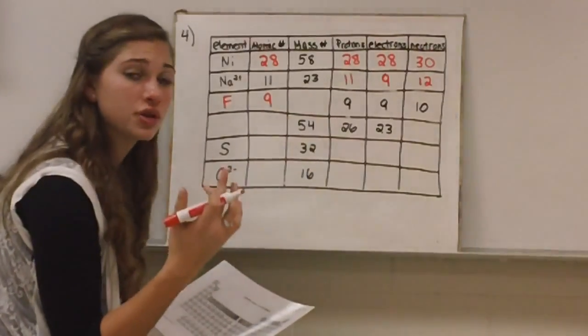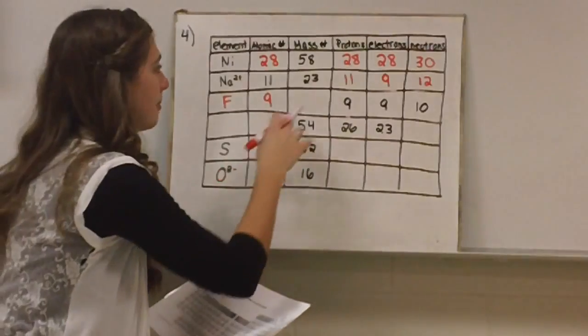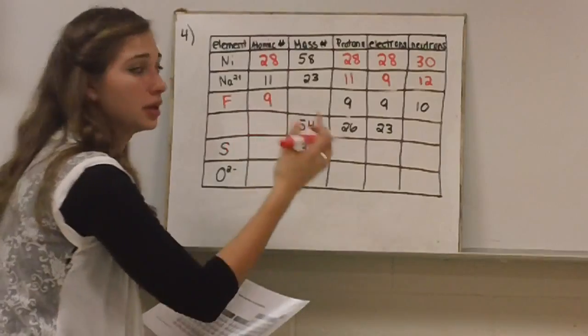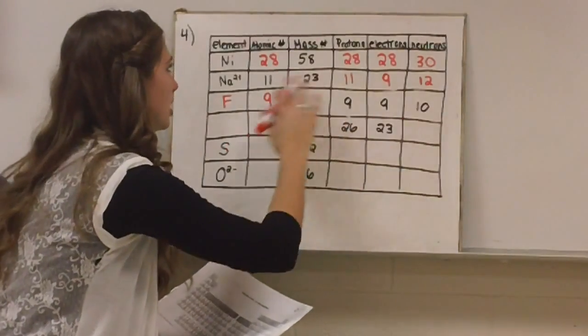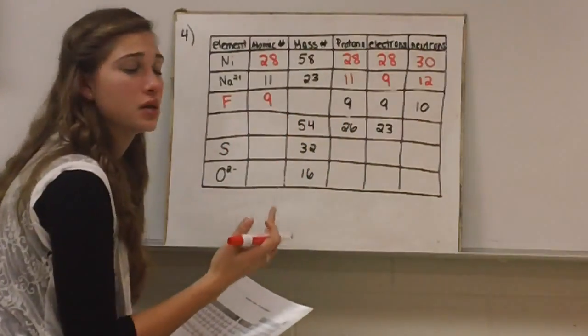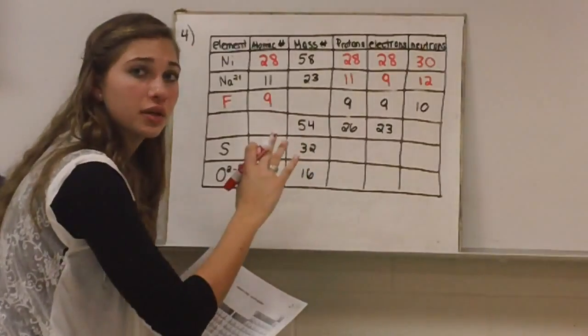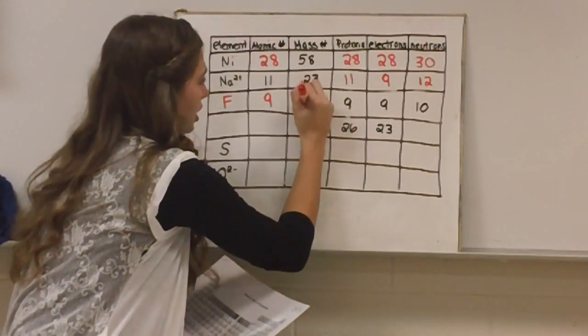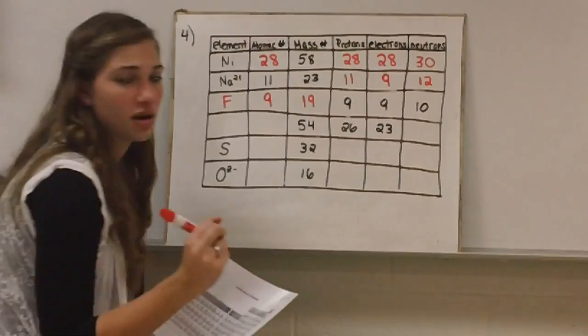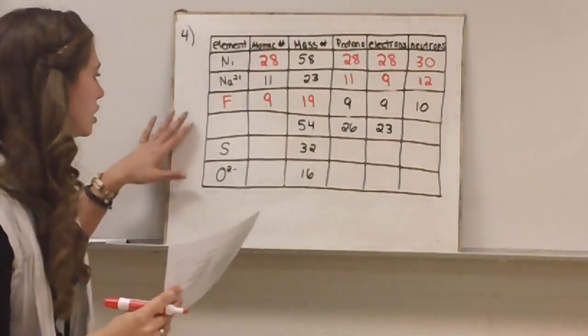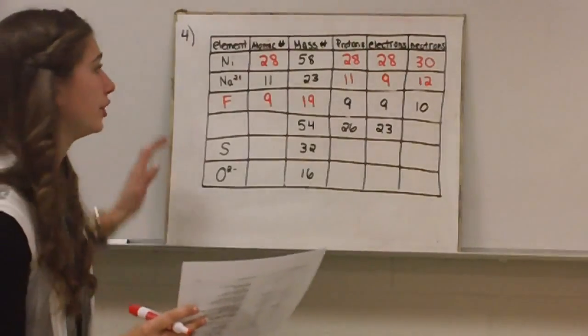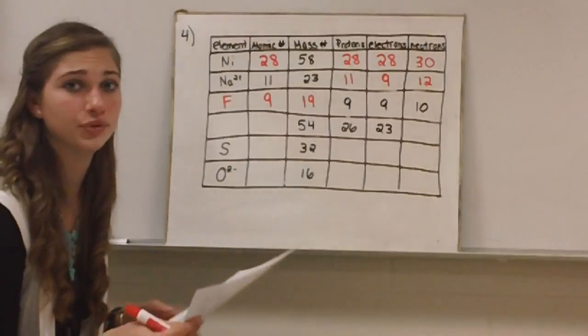The way we found neutrons in the past was doing mass number minus atomic number. In this case, we have the number of neutrons and the atomic number, so we can just rearrange that equation and get 19 as our mass number. These next 3 try on your own. You can use the first 3 as the examples to help you get through the rest.